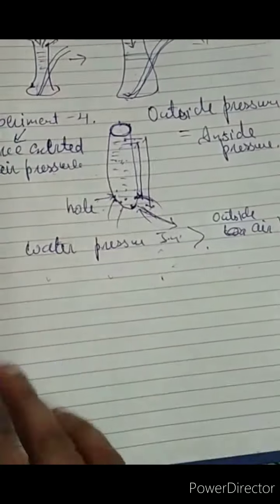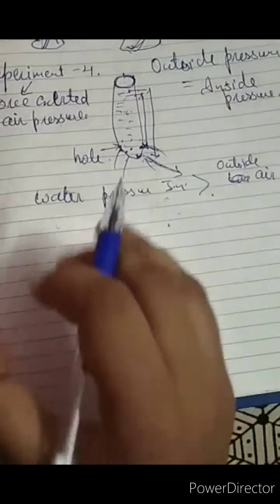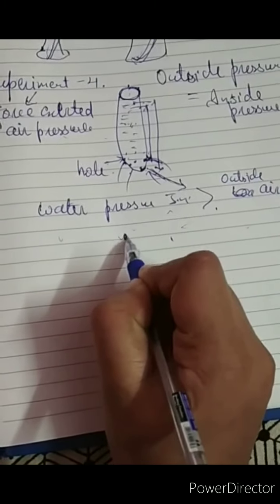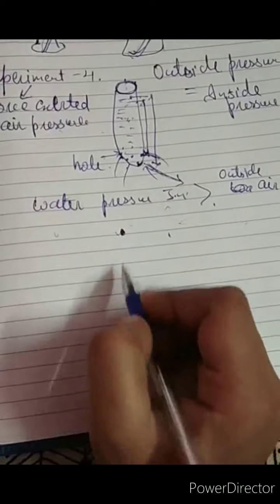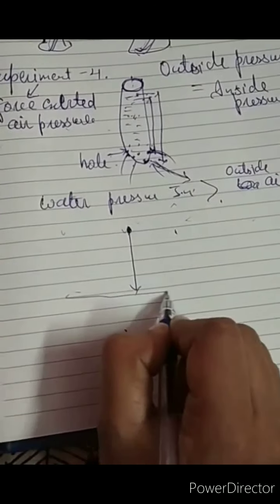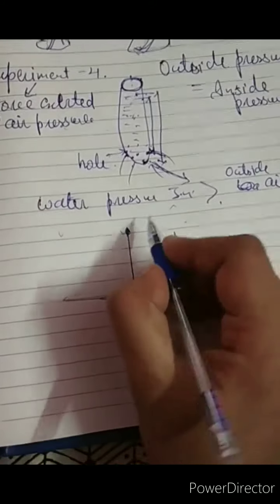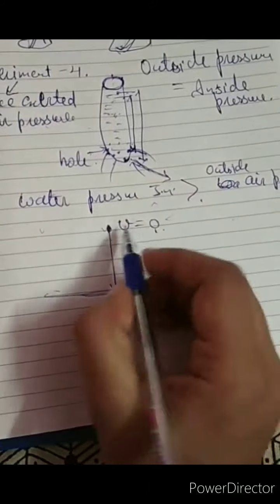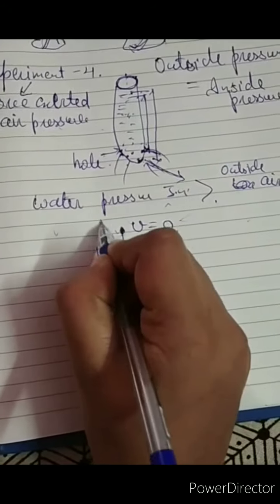I will show you one more thing with some mathematical formulation so that you will understand better. Suppose a ball is here and we just drop it onto the ground. Here the velocity is 0, the height is h, and the ball has mass m.